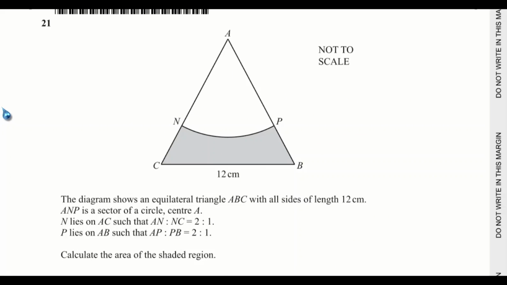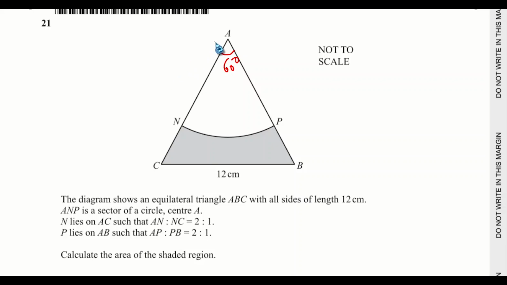Okay, so the area of the shaded region will be the area of the whole triangle minus the area of this sector. Since this is an equilateral triangle, we know that each angle will be 60 degrees. So this is easy for us.